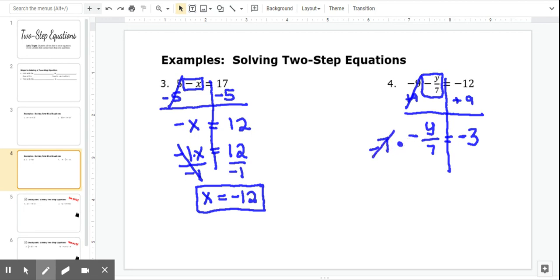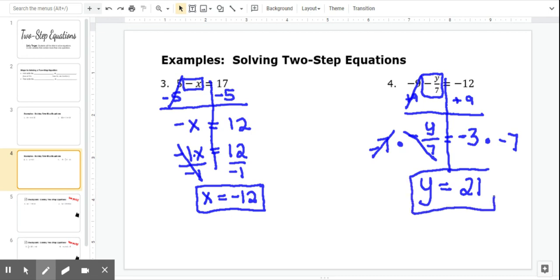So this negative 7 will cancel with this negative 7, and I can just bring down the y equals. I need to also multiply this side by negative 7. Whatever you do to the left, you must do to the right. Negative 3 times negative 7 gives me a positive 21. Again, if you struggle with your negative rules, use a calculator. Type that in exactly how you say it.